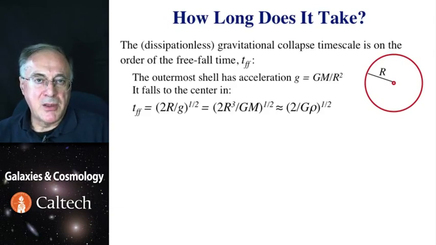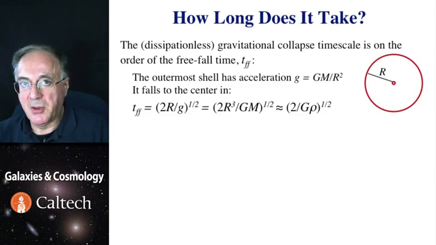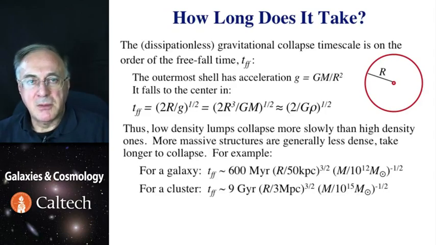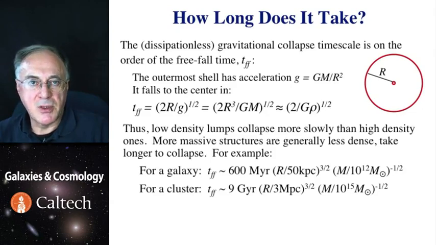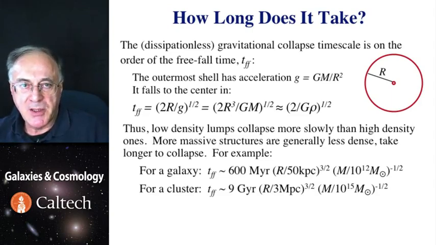And since all of the mass is enclosed within that radius at all times, for all practical purposes, it is a free fall in the gravitational field of a point mass in the middle. And the solution for this is very simple, and it's shown here. You can also immediately see that intuitively, and it is also true formally, that the lowest density fluctuations would collapse slowest and the highest density ones fastest. And also the largest ones would take the longest time, the smaller ones would take less.